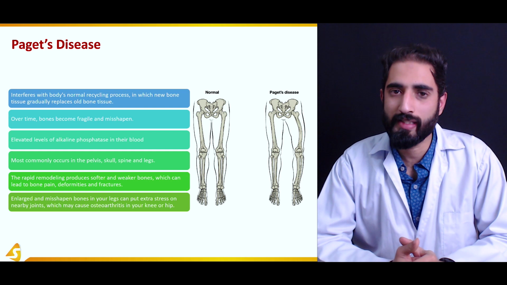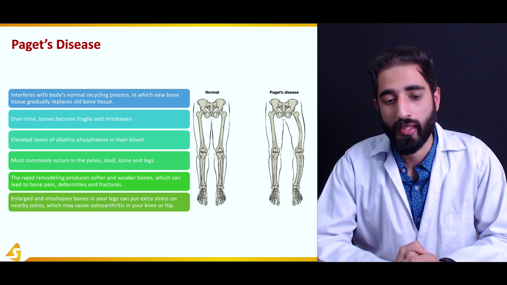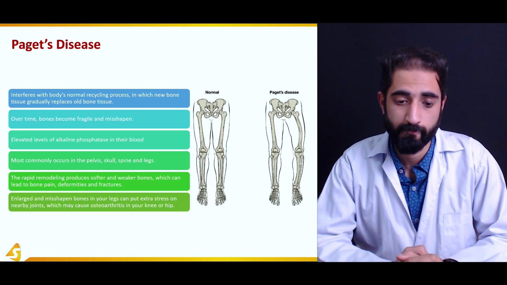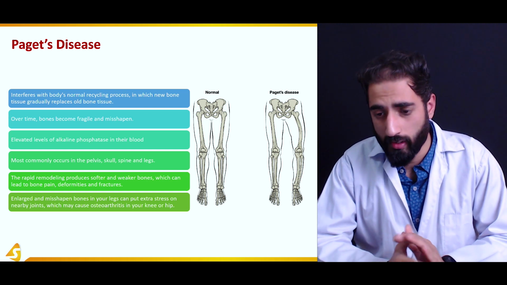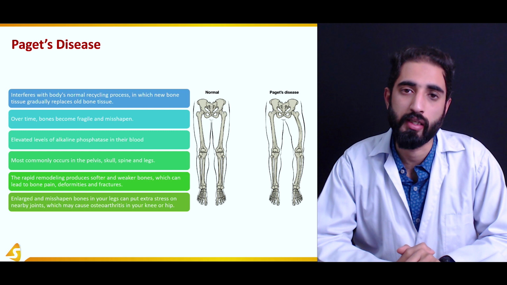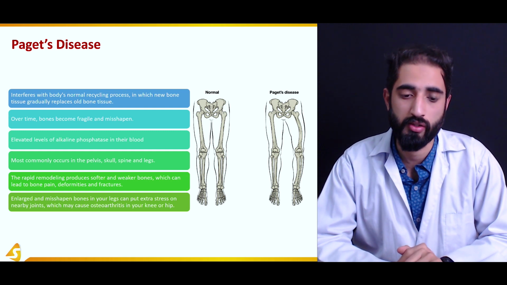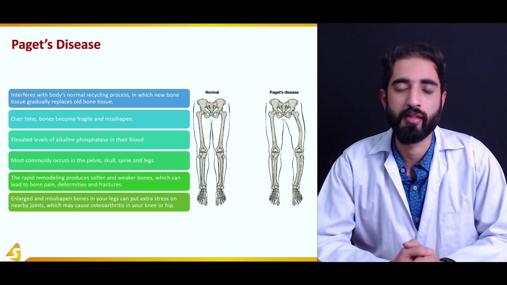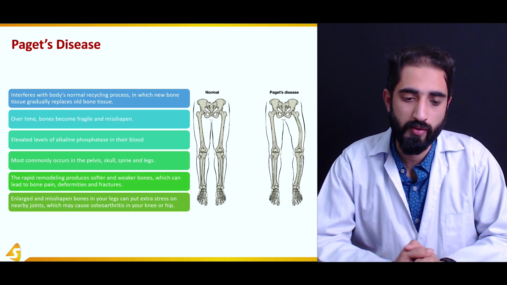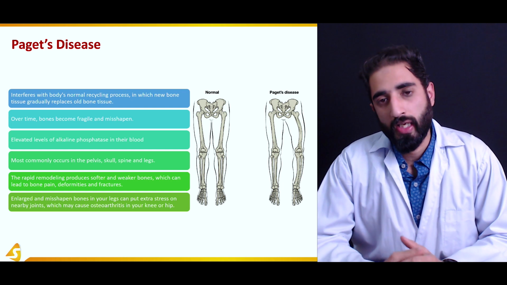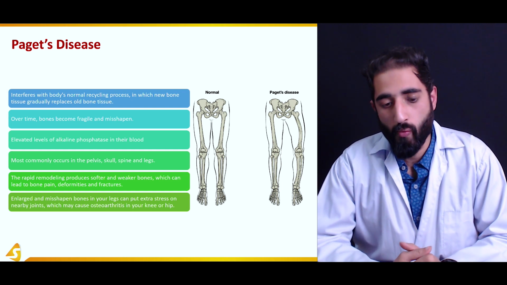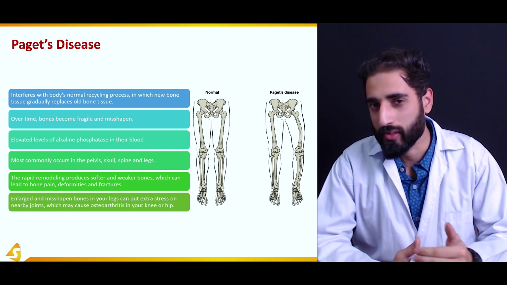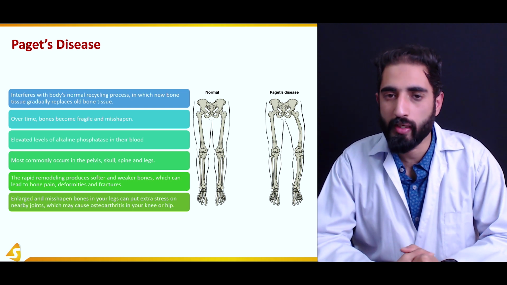What you can see in this condition are elevated levels of alkaline phosphatase in the blood. The most commonly involved areas in Paget's disease are the skull, the pelvis, the spine, and the lower extremities. In Paget's disease, there's a rapid remodeling, and because of that rapid remodeling, the bone does not get sufficient time to be properly repaired.